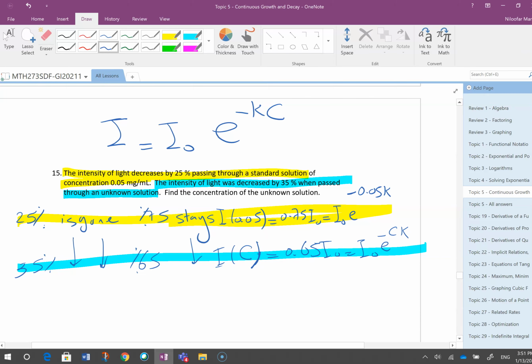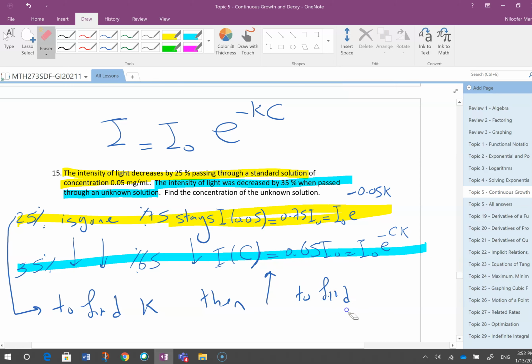but I can't because I need to have k. So I use this one to find k. Then when I have k, I use this one to find C. Done.